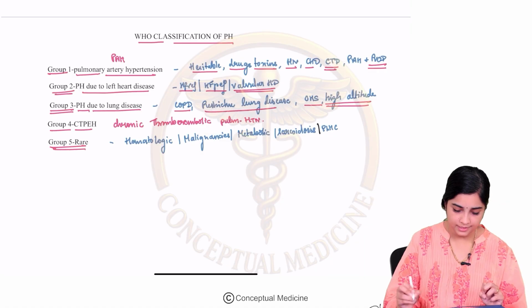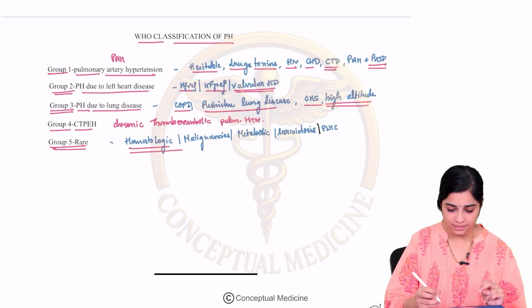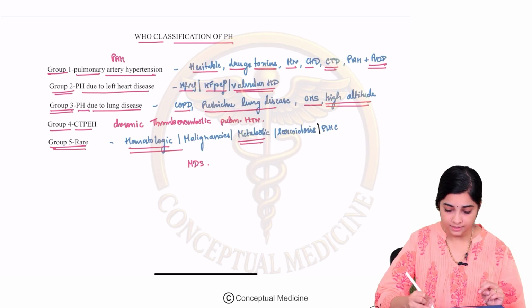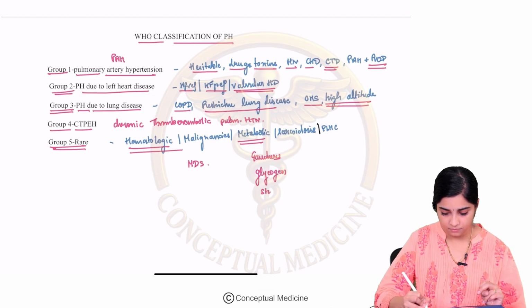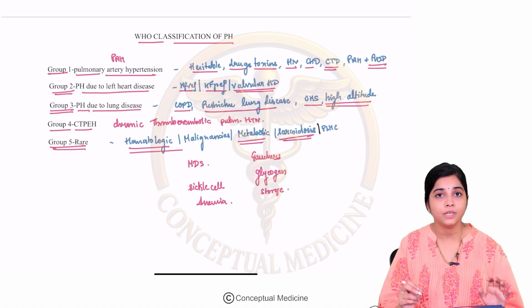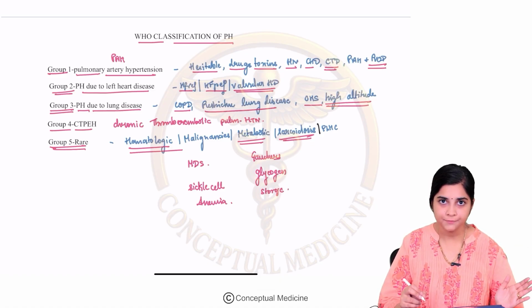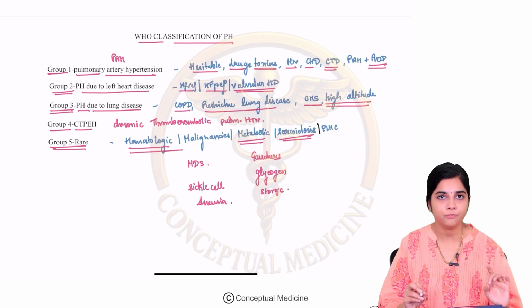Group 5 is the rarer group, secondary to hematologic malignancies like myelodysplastic syndromes, metabolic conditions like Gaucher's disease, glycogen storage disorders. Sarcoidosis, remember, though it is part of a connective tissue disorder, it comes under group 5.